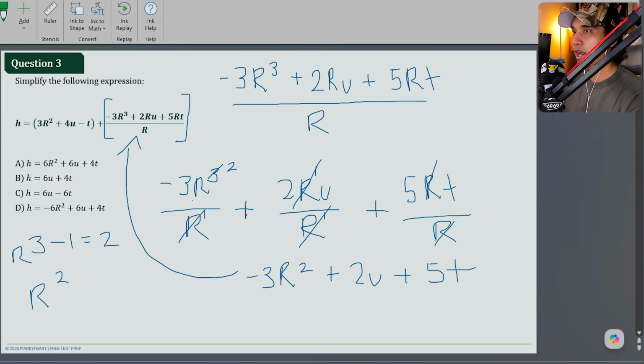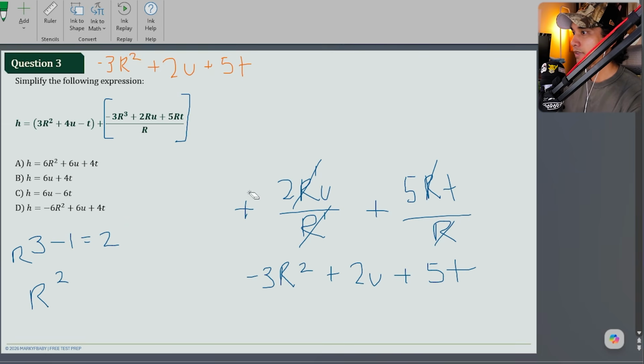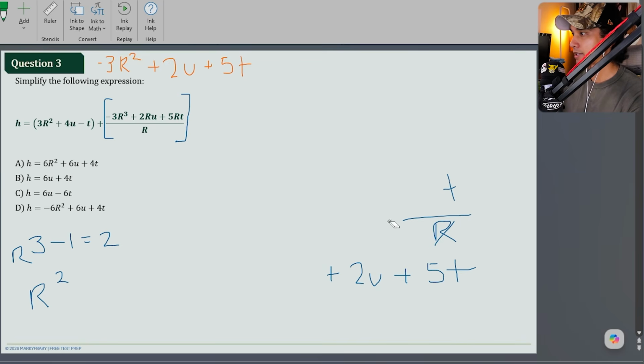Okay? So I'm going to erase all this up here, and I am going to rewrite in a different color what I'm going to put over here. So I'm going to go negative 3r squared plus 2u plus 5t. And let's erase everything. And then we're going to put it all back together.